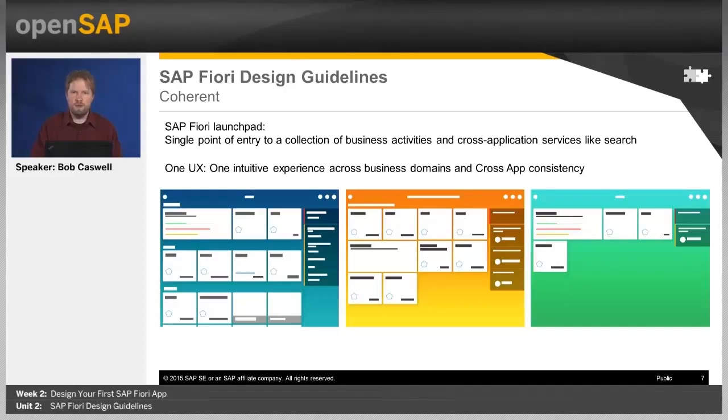So things will be located in the same locations. The navigation is similar. There's just a coherence throughout the whole process of using any Fiori app that is hard to describe as a user, but that you just intuitively know and feel on a regular basis once you get used to using Fiori apps.